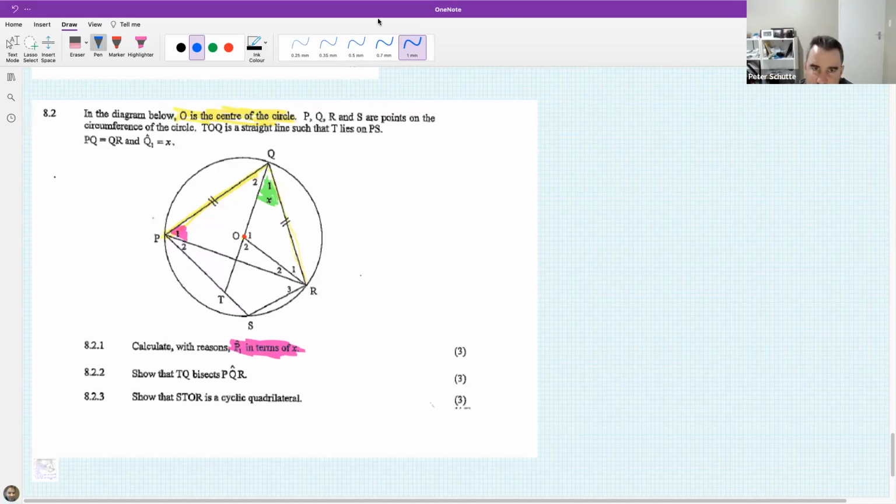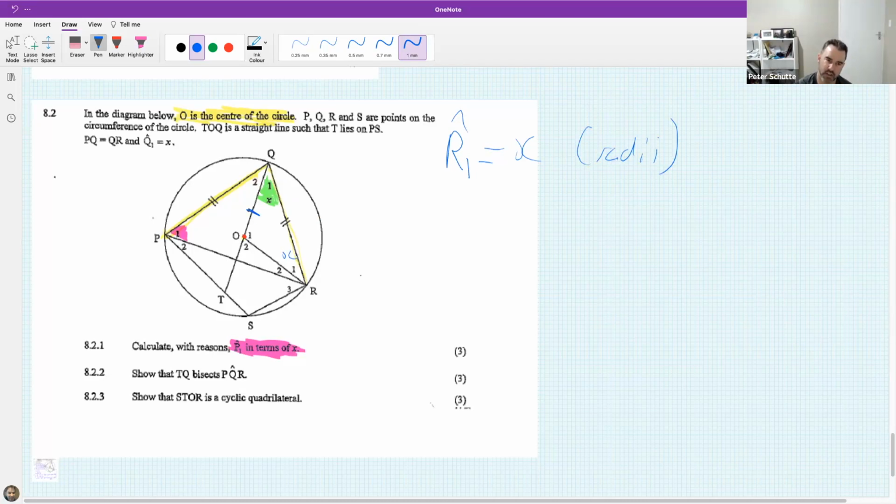We can do this as a team. My attention is being drawn to R. What is the size of angle R? Or R1 rather, sorry, R1. So R1 is going to be x by radii.